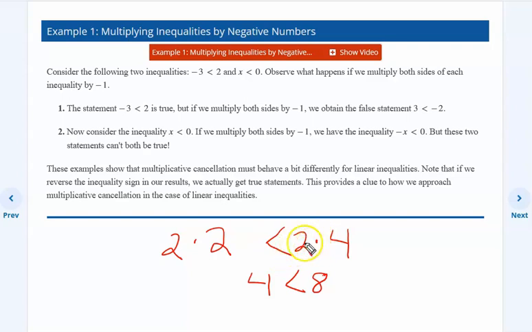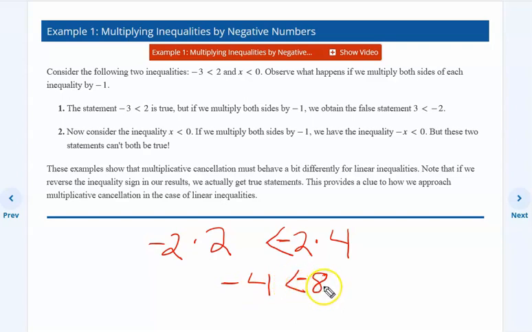But when we're dealing with inequalities and we are multiplying or dividing by a negative value, watch what happens. A negative 2 times 2 is negative 4. A negative 2 times 4 is a negative 8. And is negative 4 less than negative 8?